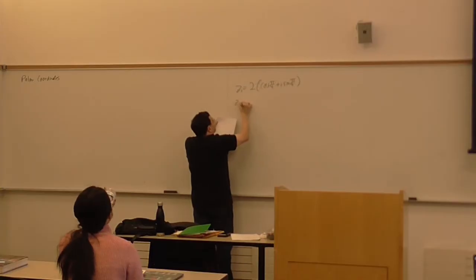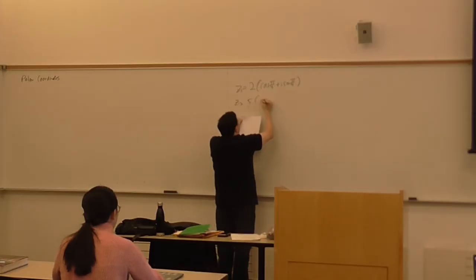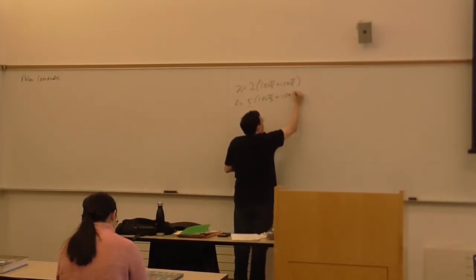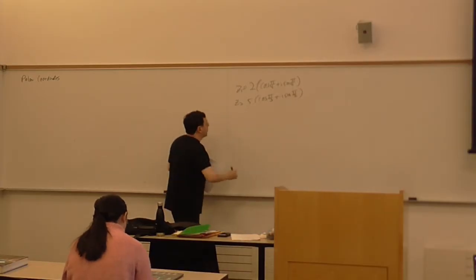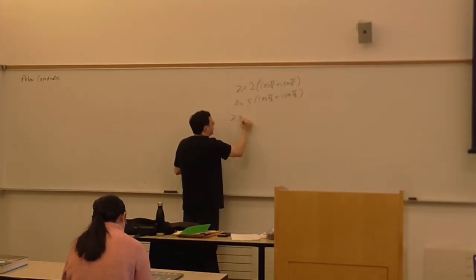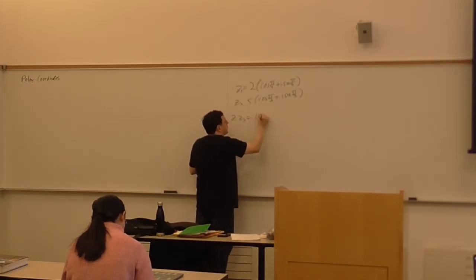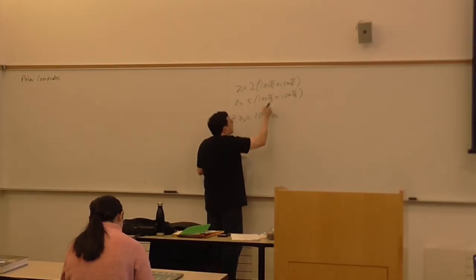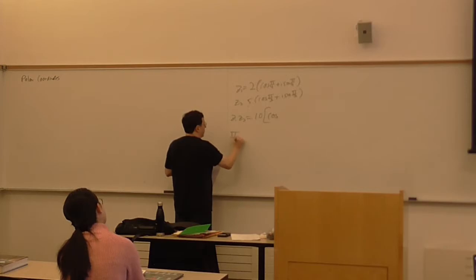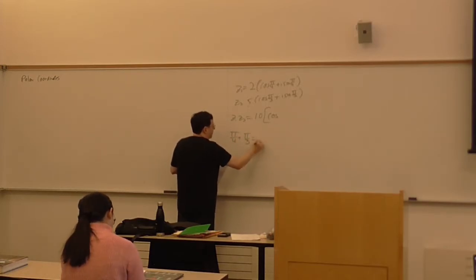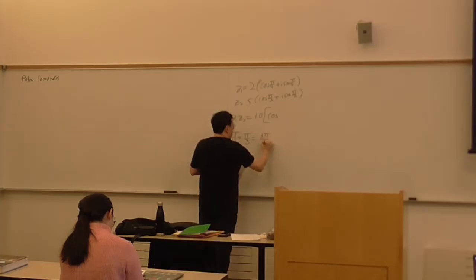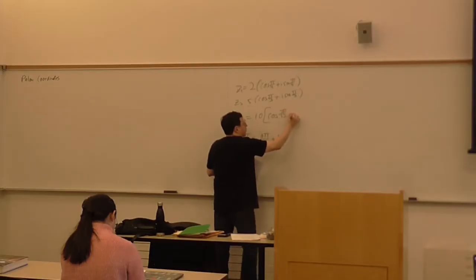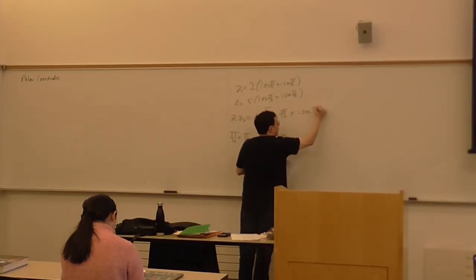And my second is 5 times cosine pi over 3 plus i sine pi over 3. And I want to multiply them. Well, 2 times 5 is 10. And then I'm going to get the cosine of pi over 4 plus pi over 3. Let's see what that is. That's 3 pi over 12 plus 4 pi over 12, so 7 pi over 12, plus i sine 7 pi over 12.